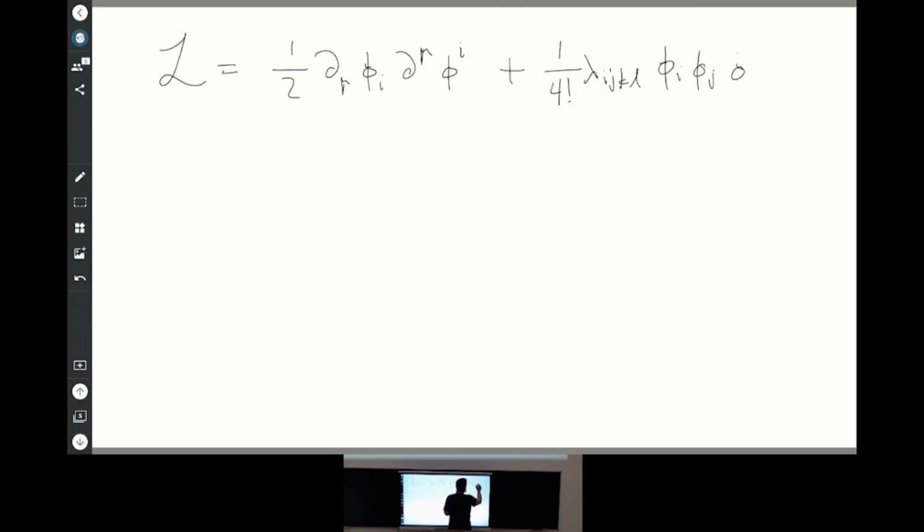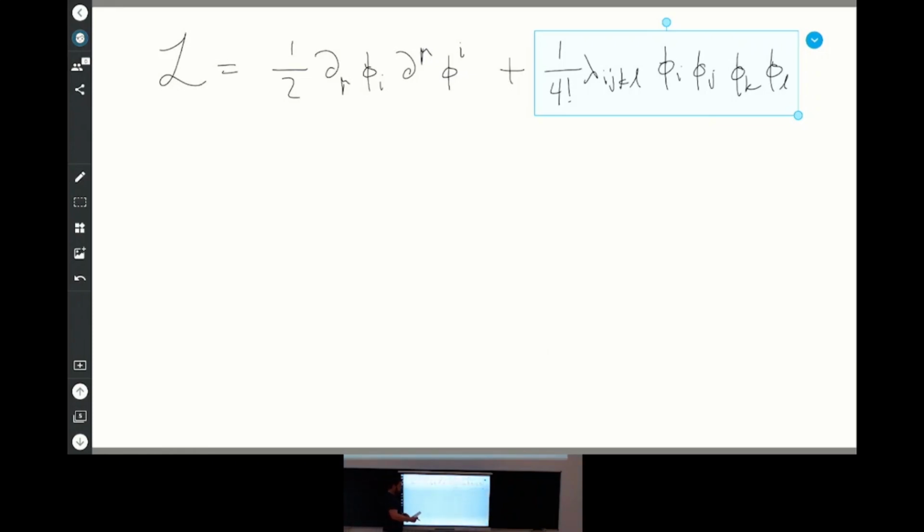It contains all of the phi to the 4th theories because I allow for this tensor coupling lambda, the deforming operators to be added, all sorts of combinations of them. And here, the only constraint I impose, of course, is that this lambda tensor is symmetric, and then I add this deformation. And what we want to say is that in this setting, there is a beta function associated with this whole tensor, and the question is: is that beta function gradient or not?